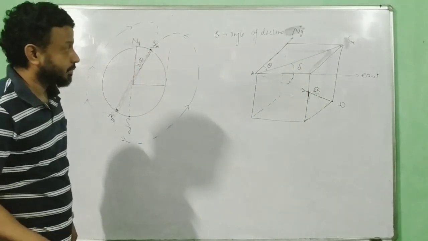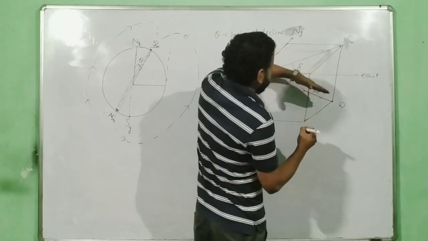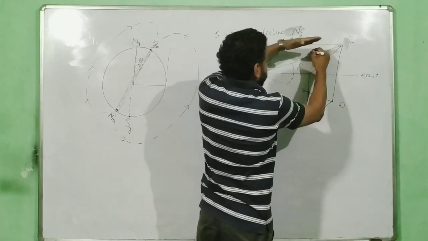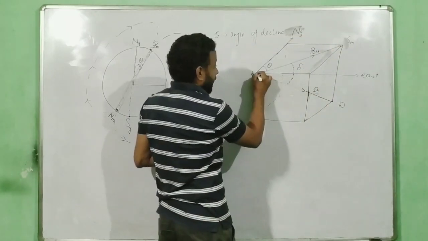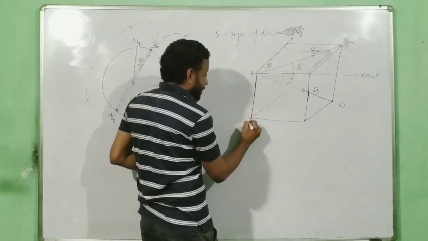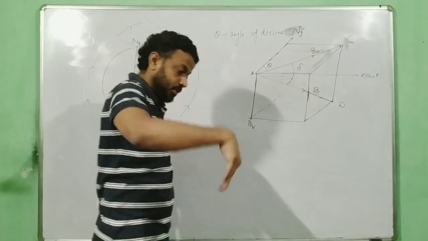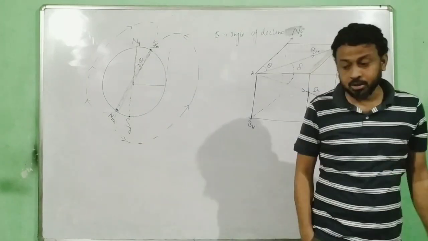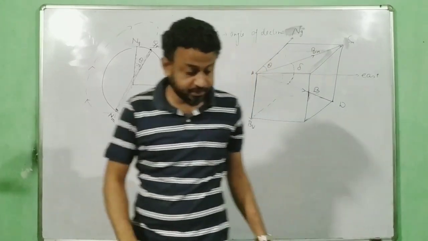This net field will have a component along this direction, and that is called the horizontal component of Earth's magnetic field. And this field will have another component over here, the vertical field or the downward field, the vertical component of Earth's magnetic field, and this one is called the horizontal component of Earth's magnetic field.